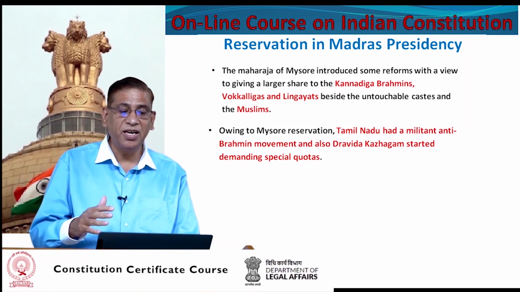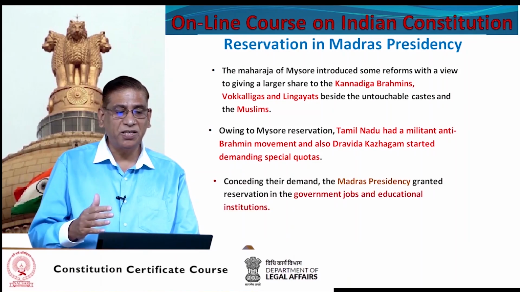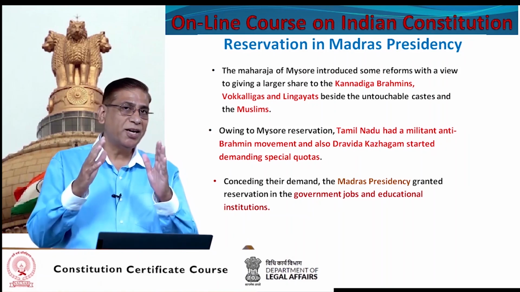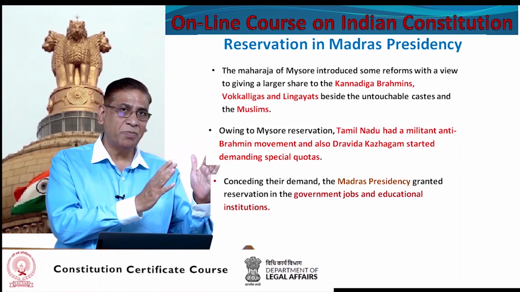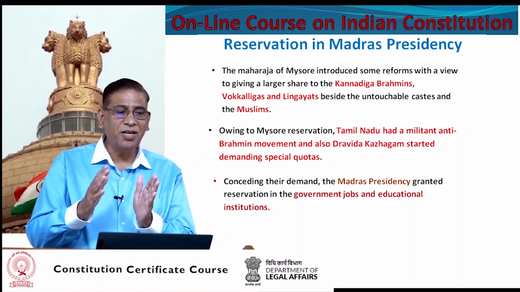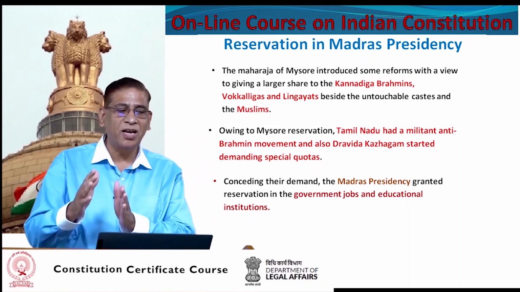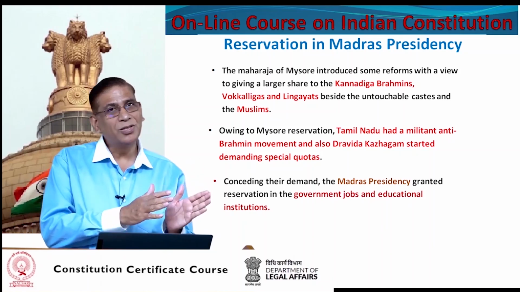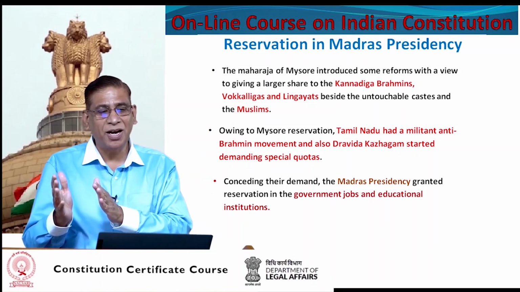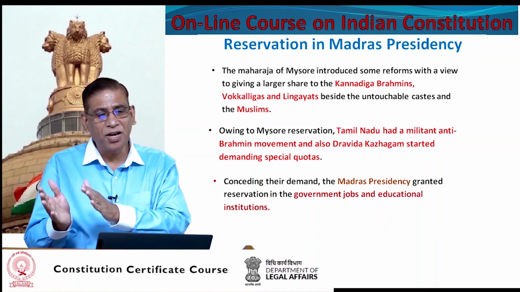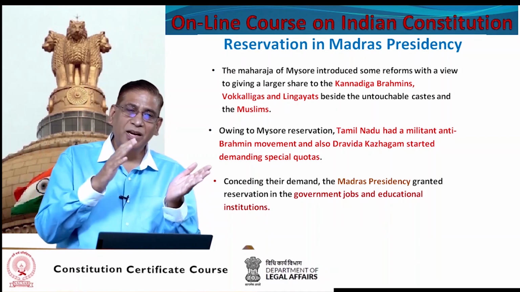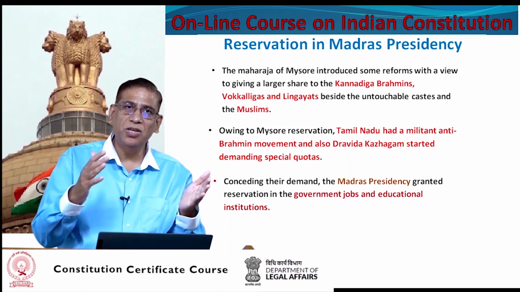Conceding their demand, the Madras Presidency granted reservation in government jobs and educational institutions. So it is clear that there was a counter reaction in Tamil Nadu, and due to this anti-Brahmin movement, the Madras Presidency had to concede and adopt a policy of reservation.